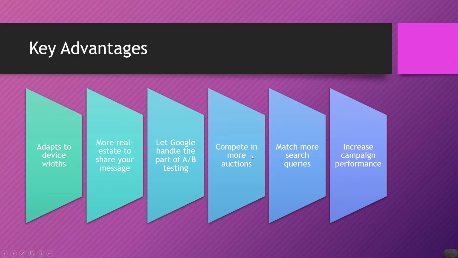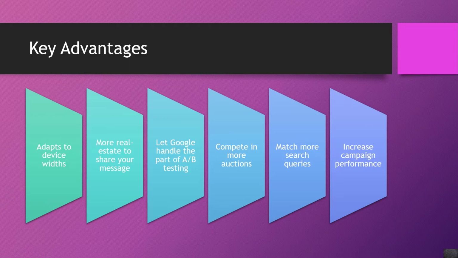Now the fourth advantage is very important because with these responsive text ads, you are able to compete in more auctions. The reason being, since you're adding more headlines and descriptions, you can actually trigger your ad based on additional search queries because you are able to add more data, more text.